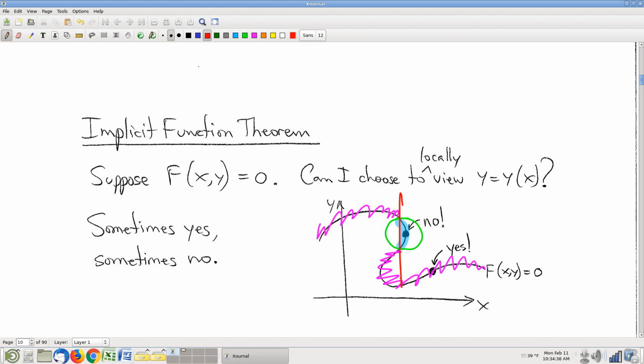So at that point, you can't even ask the question of what is dy dx. Because at that point, y is not even a function. You might as well be asking what's the derivative of a bicycle. Meaningless, garbage talk. Does not make any sense.